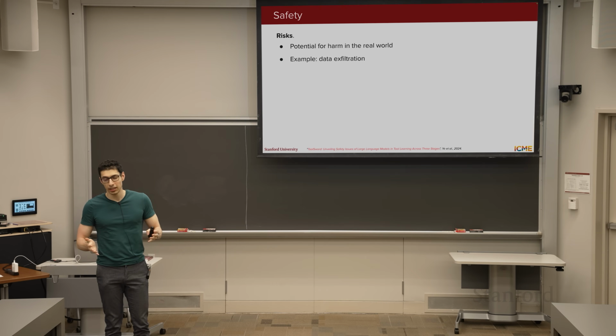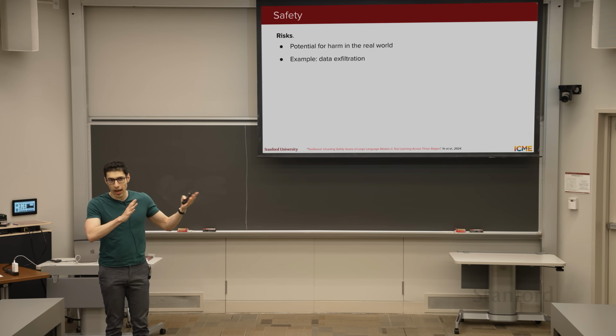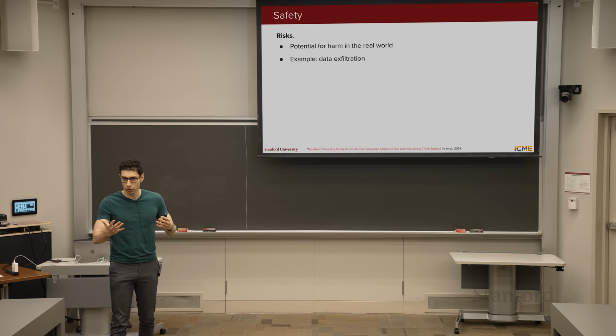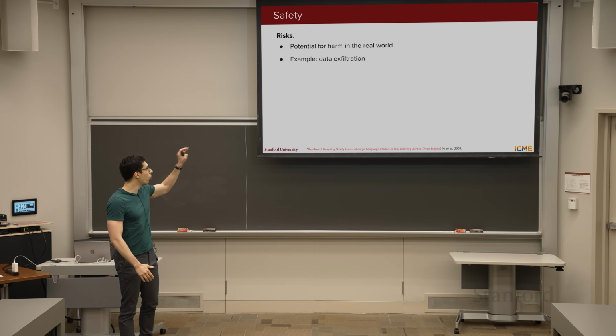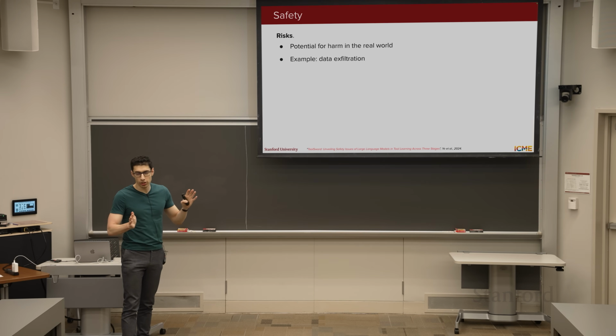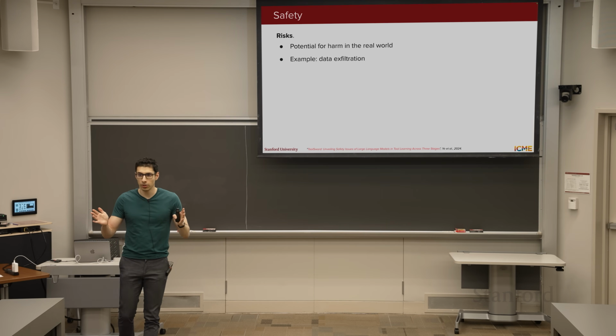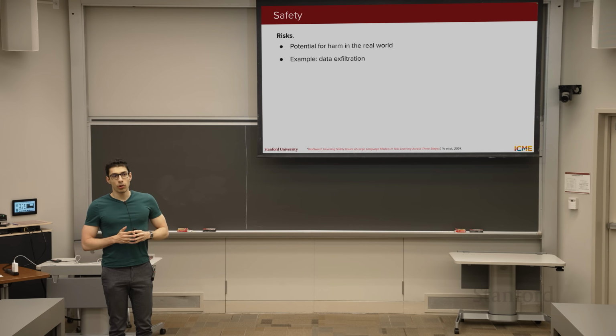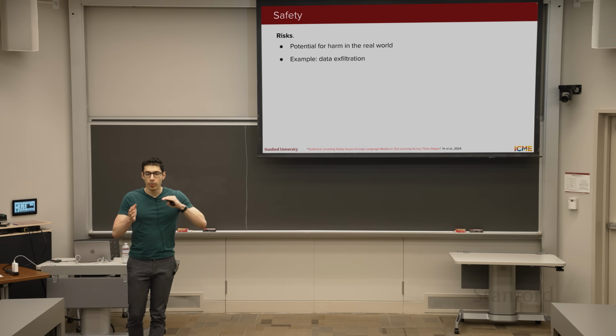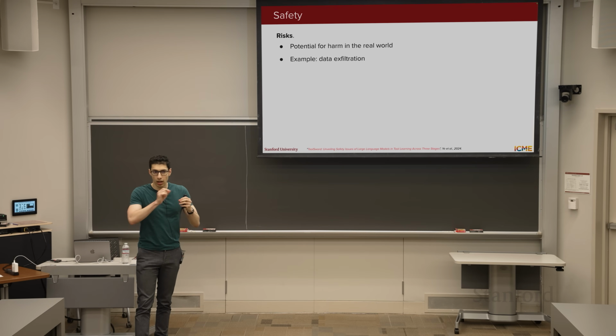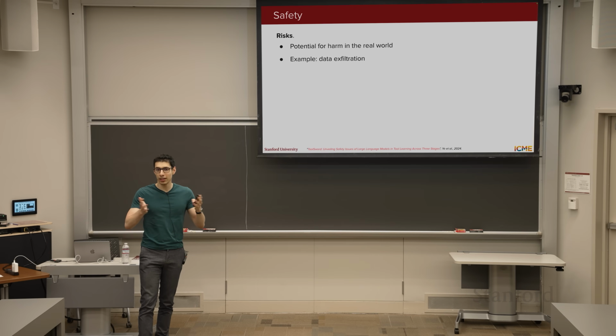So you could think of some harmful actor doing things that you wouldn't want. I give one example here that could be a concern: data exfiltration. Let's say you have access to a tool that can write data in a public, visible way. So let's say you have, I don't know, some email agent.